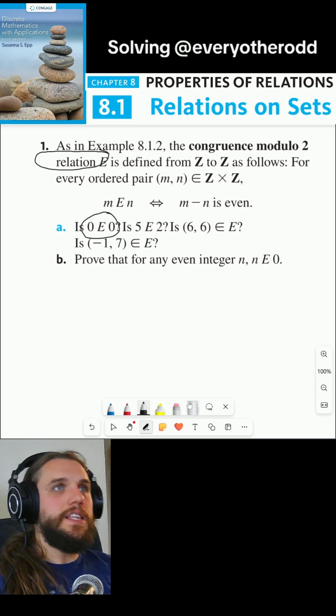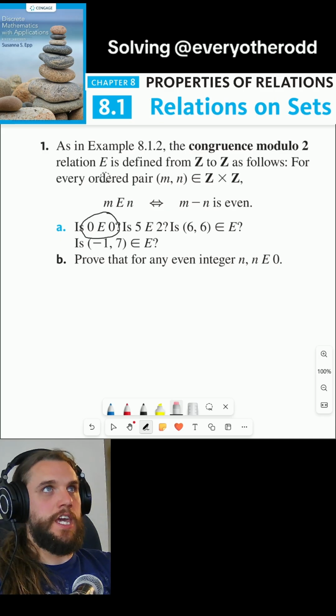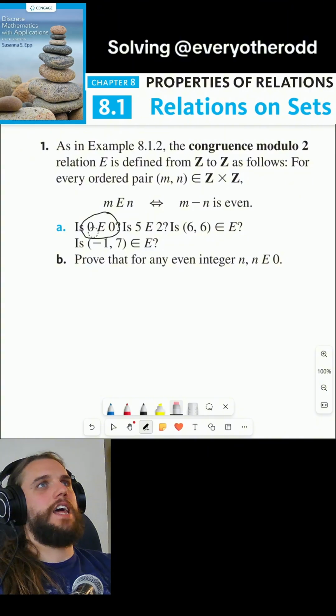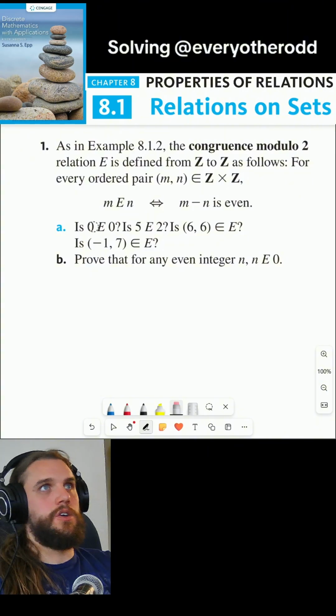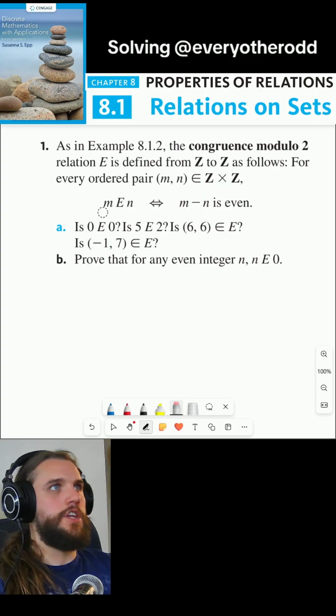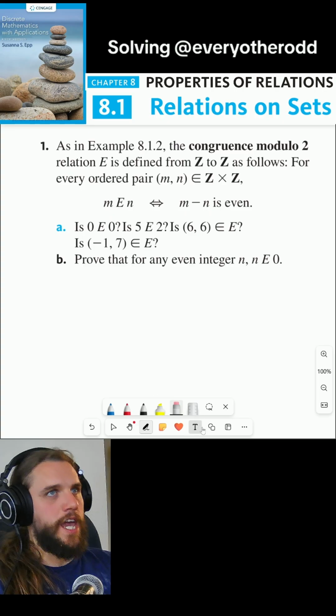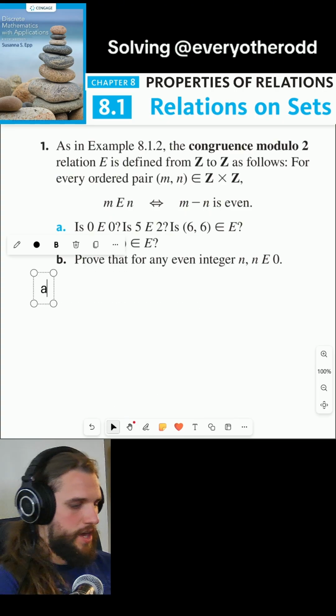What that means is that when we write that letter capital E, we're really saying that these two elements, 0 and 0, are related under the relation E. So this says, is 0 related to 0? And I'll type that out here.